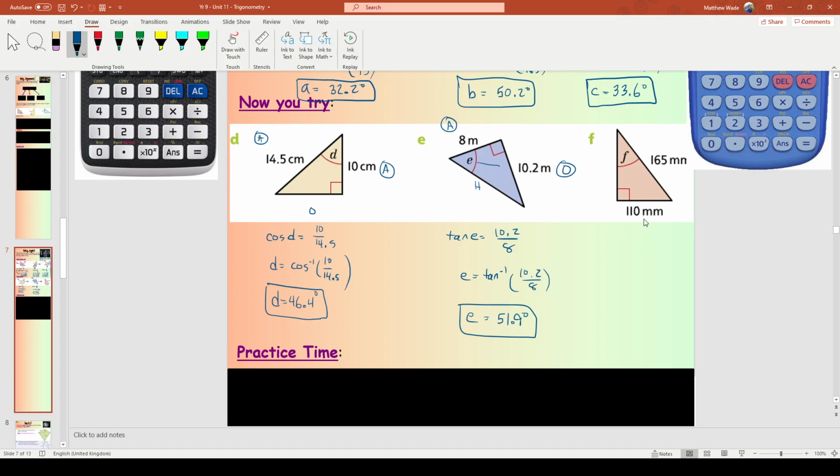Okay, last one, let's get it labeled. That's O, that's H, that's A. So we have O and H, SOH CAH TOA. It's sine. So sine F equals 110 over 165, which means F is equal to sine minus 1, because we're sine minus 1ing both sides, 110 over 165, which means that F equals shift sine 110 divided by 165 equals 41.8 degrees.